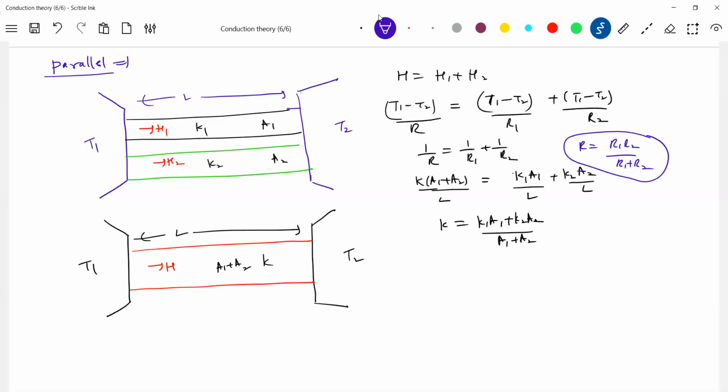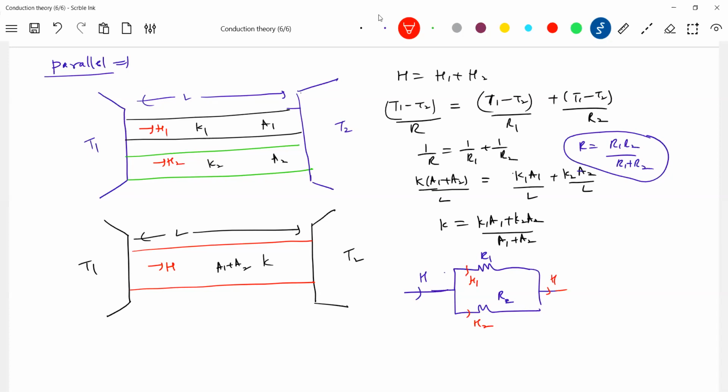Okay, now let's go to this one. Suppose there are two rods in parallel and thermal power or heat current is flowing here. A part of the heat current will branch here, H1 and H2 like this.